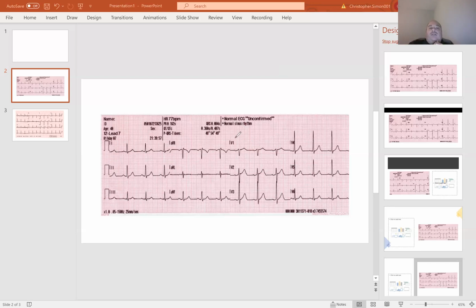So V1 and V2 are a section, and we'll use different colors here because we're fancy like that. So V1 and V2 are going to be the septal leads. Okay, septal leads.